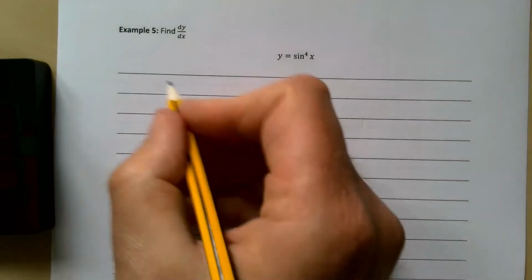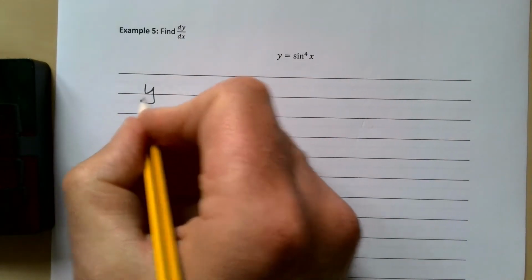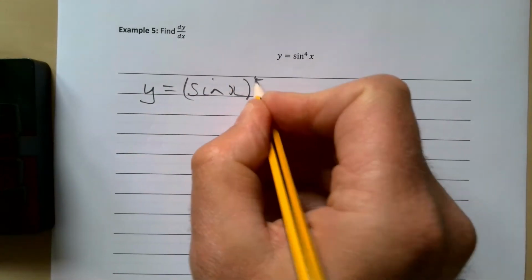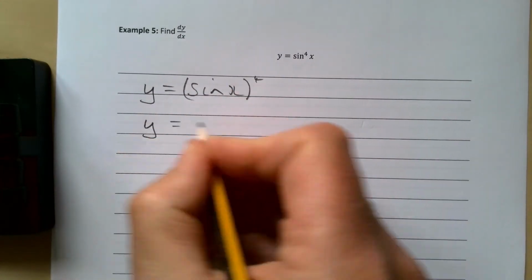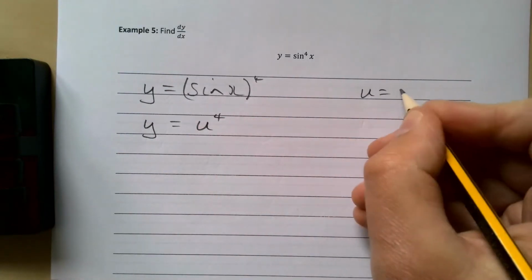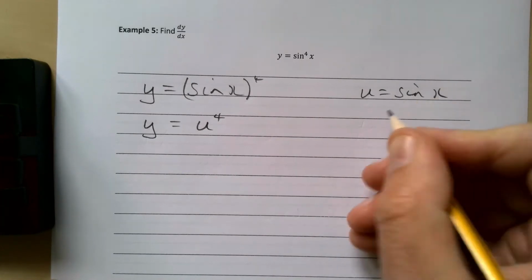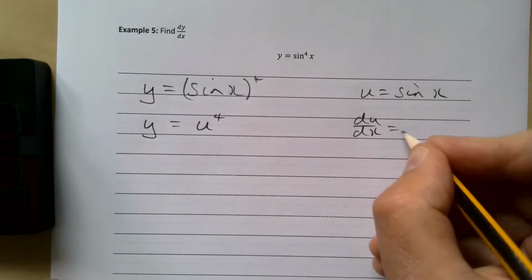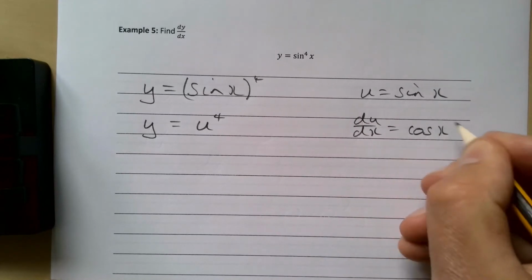Again, you hopefully saw a couple of examples ago that that's the same as sine x all to the power of 4. So I'm going to go y equals u to the power of 4 because I've let u equal sine x. du by dx, if I differentiate sine, I get cos x.